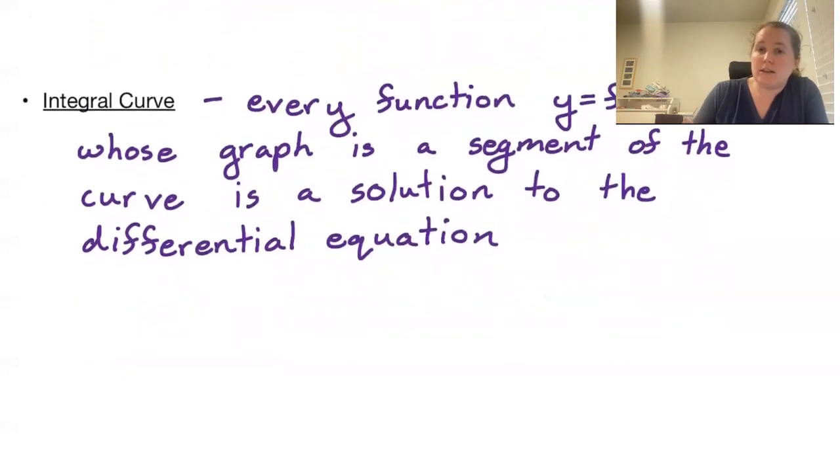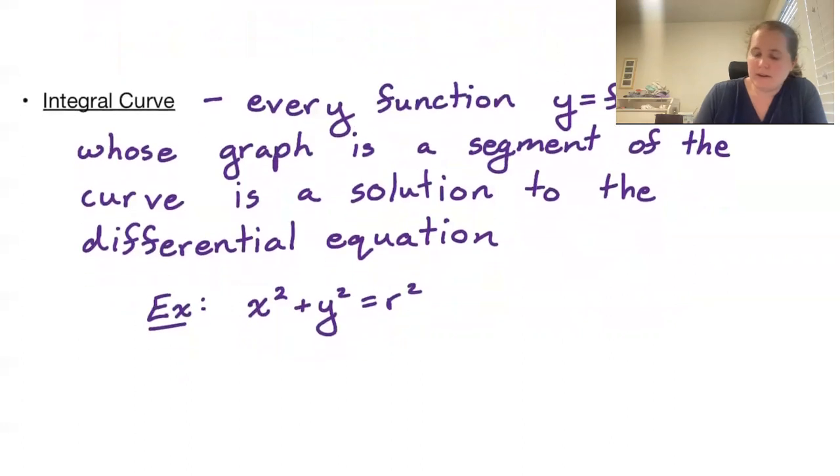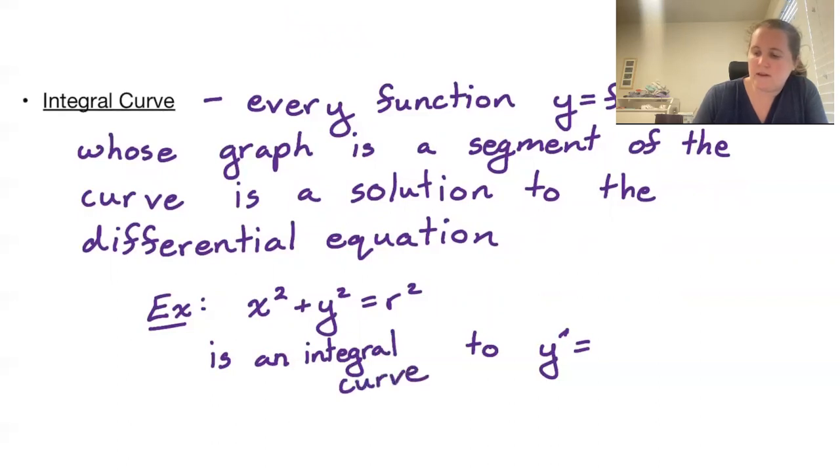So the example that your textbook uses is if we take just a standard circle, x squared plus y squared equals r squared, for whatever r is, this is an integral curve to y prime equals negative x over y.